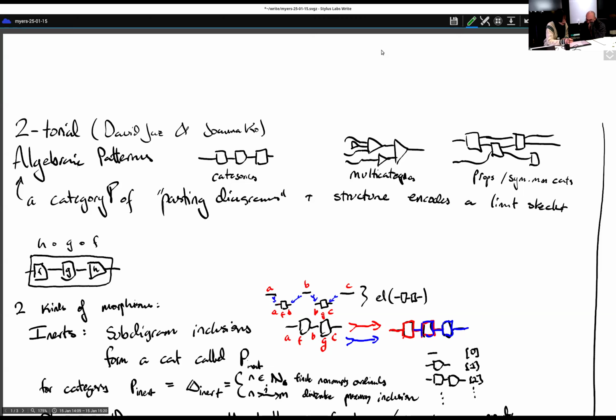R and S. So S∘R gets to F. And this is T. It gets to G.